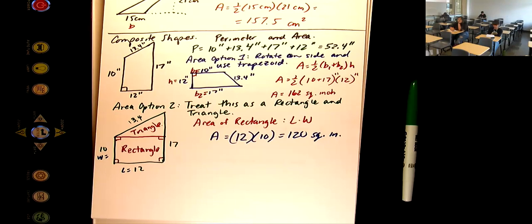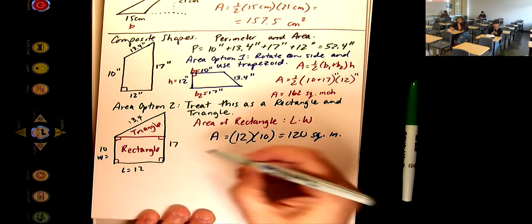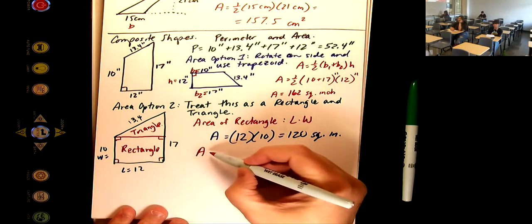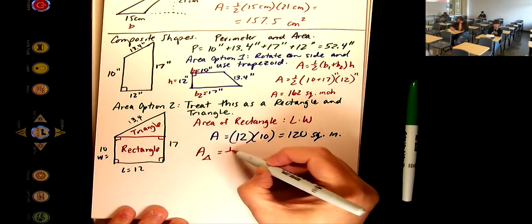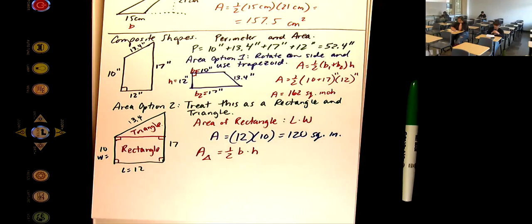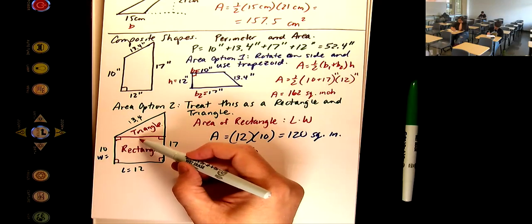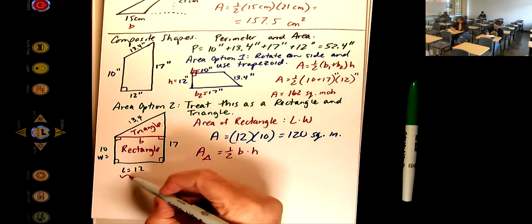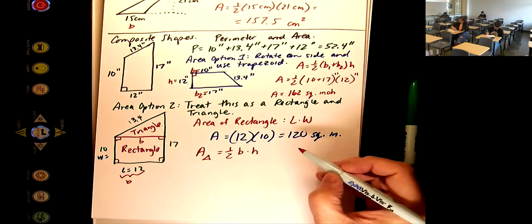Now, what about the triangle? The area of a triangle is 1/2 base times height. If I call this the base, I see that's the same thing here, that's base.